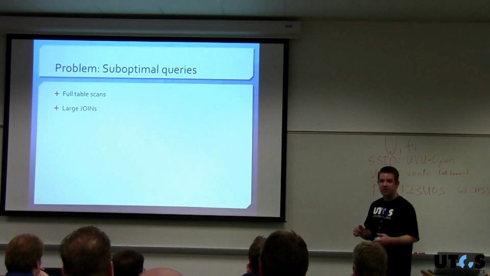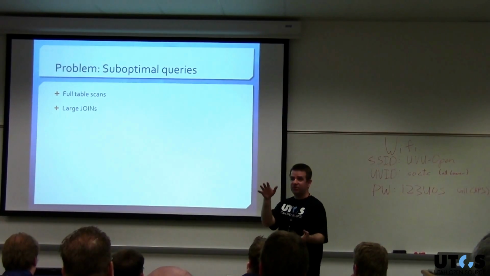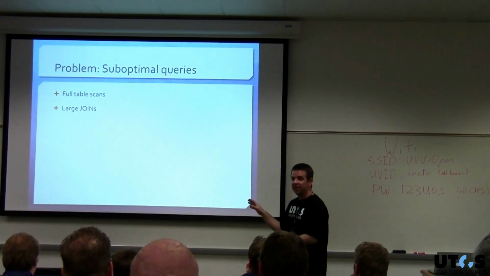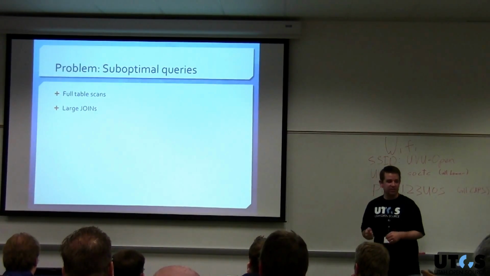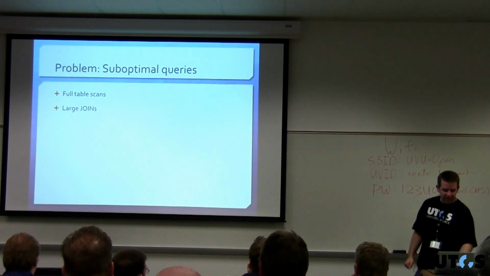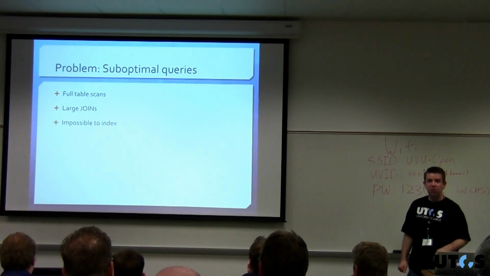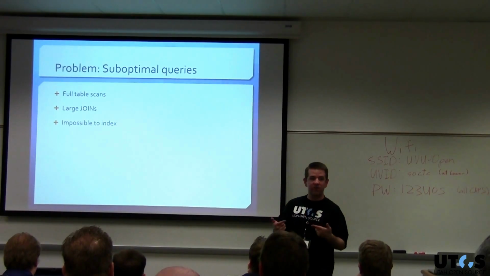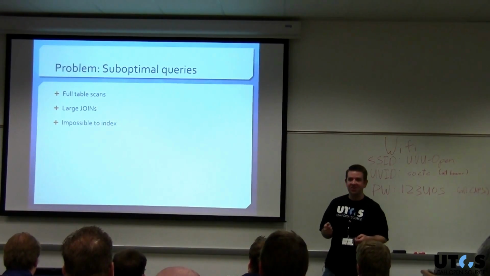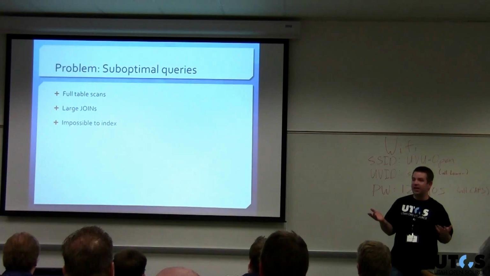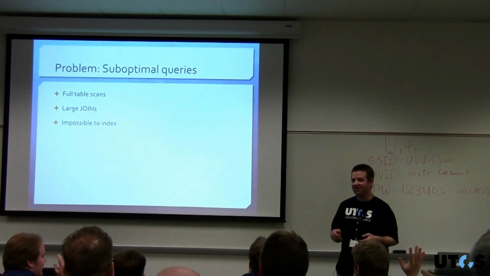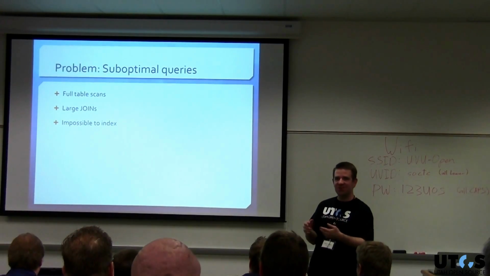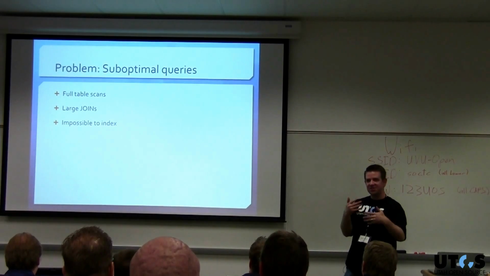Large joins: if you're joining and you have too many things on the left and it's kind of carrying over, that's going to cause you problems. Or I guess the other large join is when you accidentally do a Cartesian join, where you forget to put a join clause and it's just multiplying it.